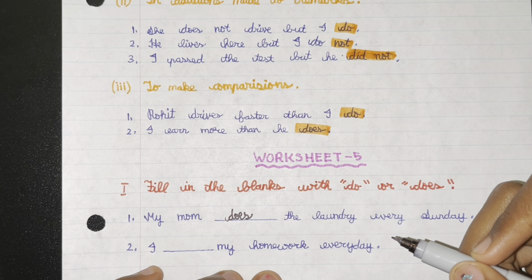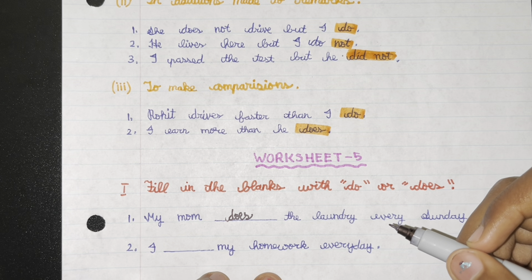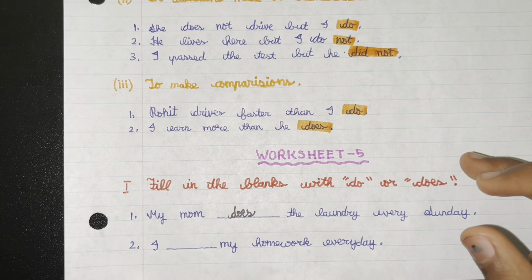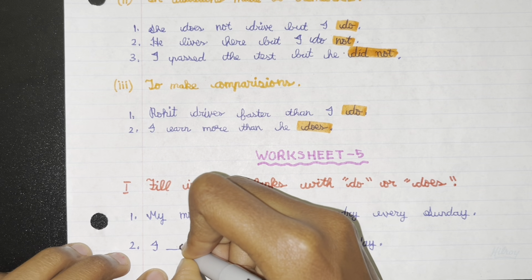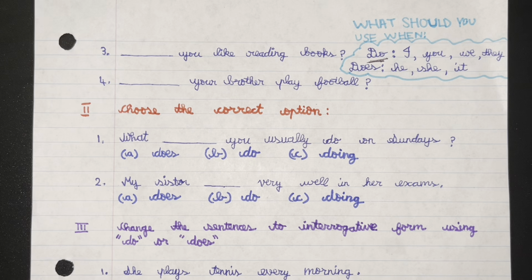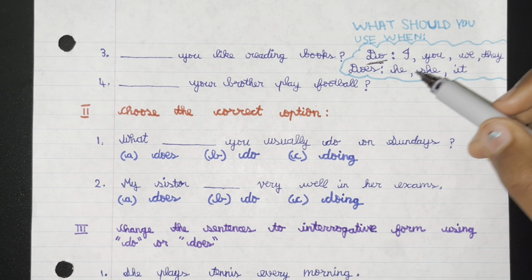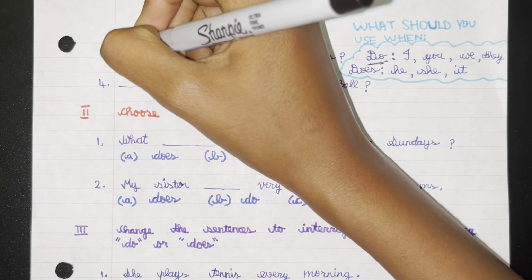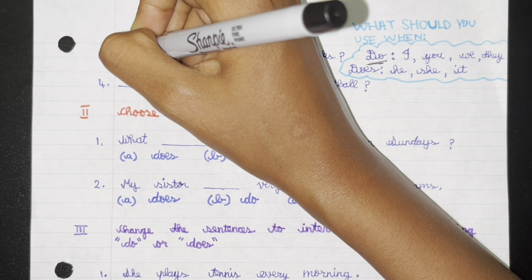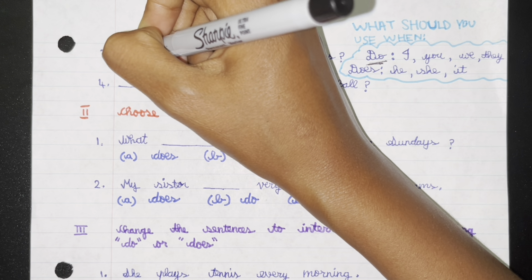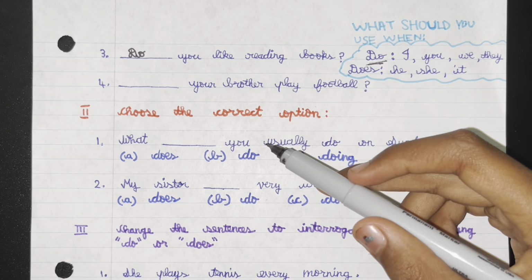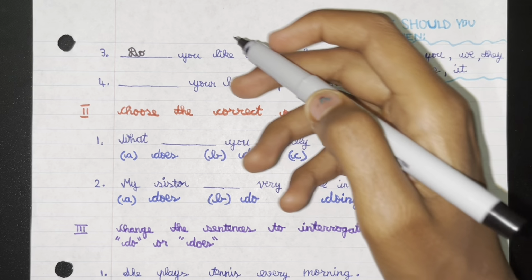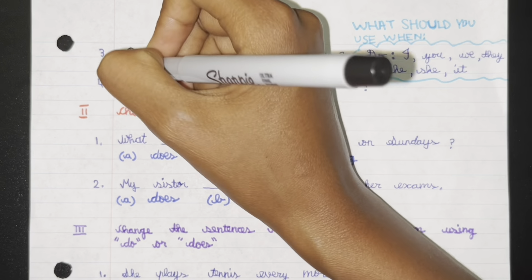Second question, I do my homework every day. So if there's I, we saw that we should use do. Third question, do you like reading books? So there's you. If there's you, you should use do. Fourth question, does your brother play football? So you should use does because your brother is the third person.